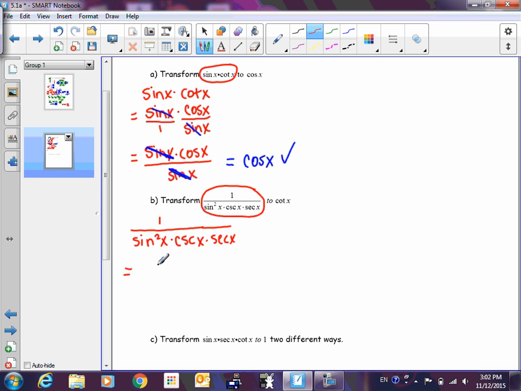All right. Now, watch what I'm going to do here. See where it says sine squared x? I'm going to write that as sine x times sine x, because that's what that thing means. Okay, I get that the squared is kind of in between sine and x. It still means square the whole thing. And then just rewrite the other things. Don't try to change too much in one step.